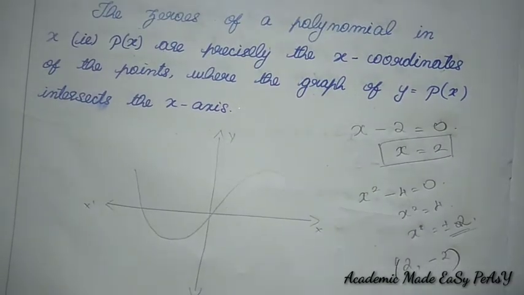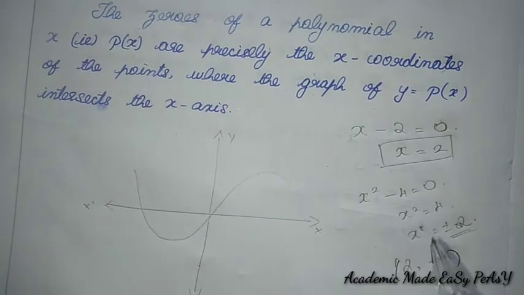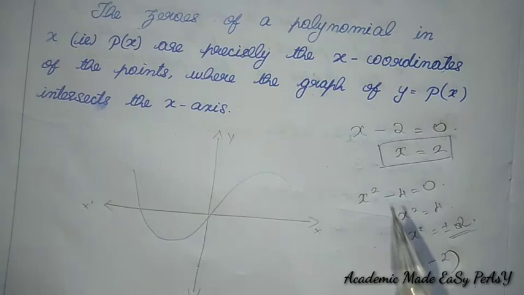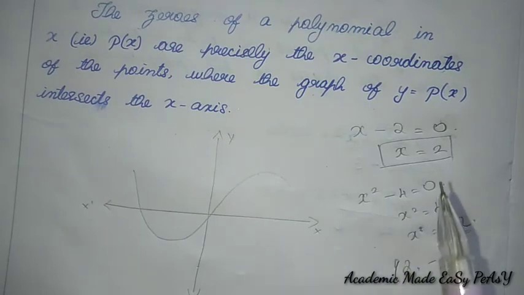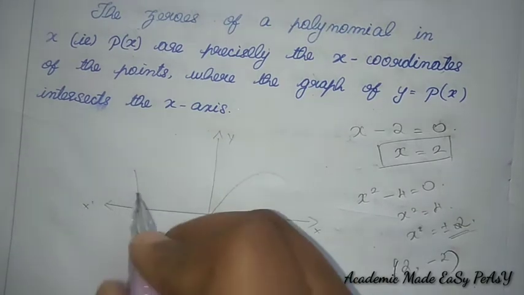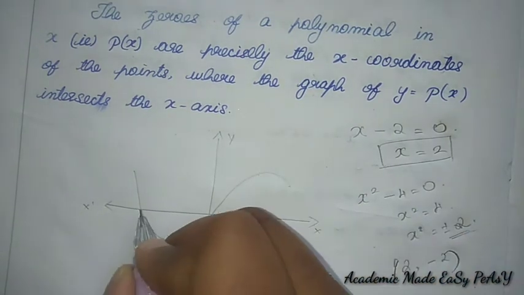Okay. So now this graph is here, this is called a parabola. From this graph also we can find the zeros of the polynomial. How? If p of x is given, then the function is based on x only, so we take only the values of x, not y. Now we check at what points the graph meets the x-axis.